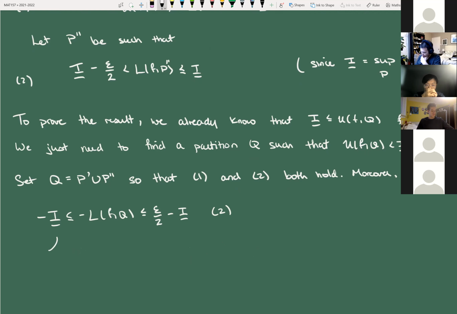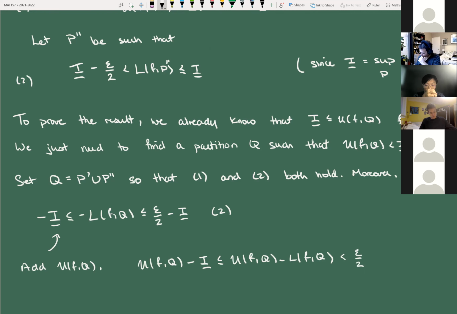Let's add UFQ to this. So we're going to get UFQ minus I lower bar is less than or equal to UFQ minus LFQ. Now this is less than, what do I want here? It's less than epsilon over 2. Maybe I didn't need the epsilon over 2, because I'm done.